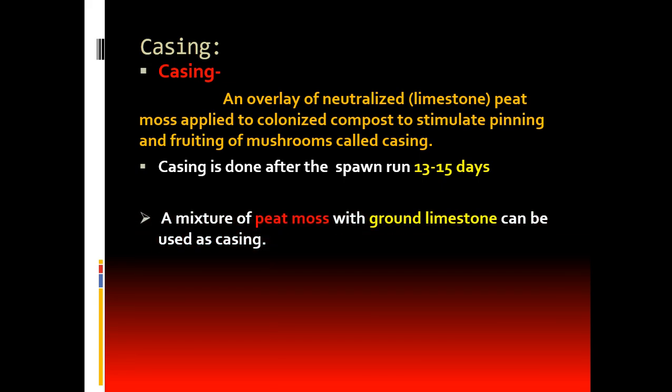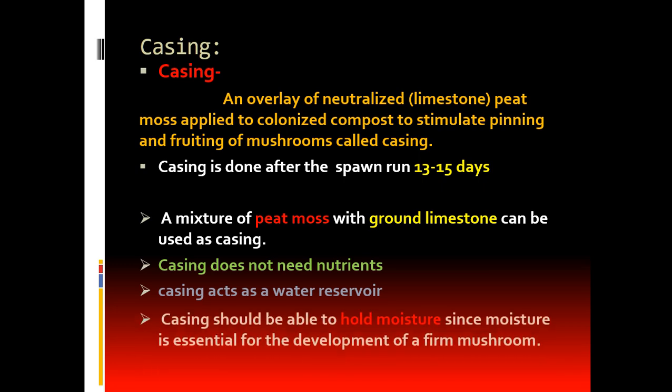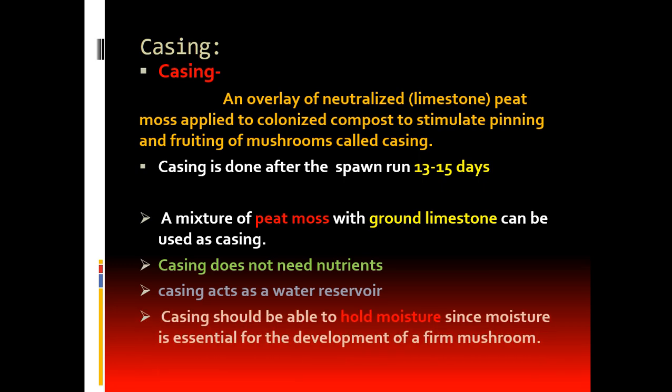Okay, a mixture of peat moss with ground limestone can be used for casing. We will learn this. Casing does not need nutrients. Why does it not need nutrients? Because there is no value for nutrients. Casing acts as a water reservoir. Casing should be able to hold moisture, since moisture is essential for the development of the firm mushroom. Moisture is most important.